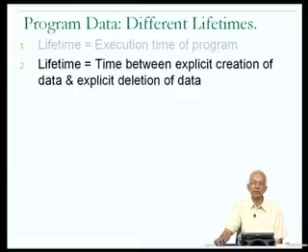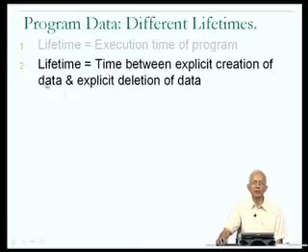Now another possibility is that I could have a piece of data for which the lifetime is the time between an explicit creation of the data and the time at which it is explicitly deleted. In other words, if I read the program, I would find that there is a point in the program at which the programmer has mentioned, here a new piece of data comes into existence. And somewhere else in the program, the programmer explicitly says, here that piece of data ceases to exist.